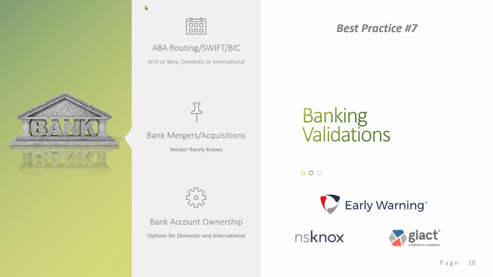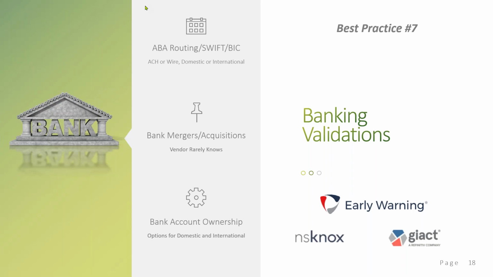And same with non-US banks or international banks, where if they do not have an IBAN, they will have a SWIFT or a BIC code along with the bank account number. And I will also say, for bank mergers and acquisitions, this is one of the most missed areas in your vendor master file with existing vendors, because banks merge or get acquired often.